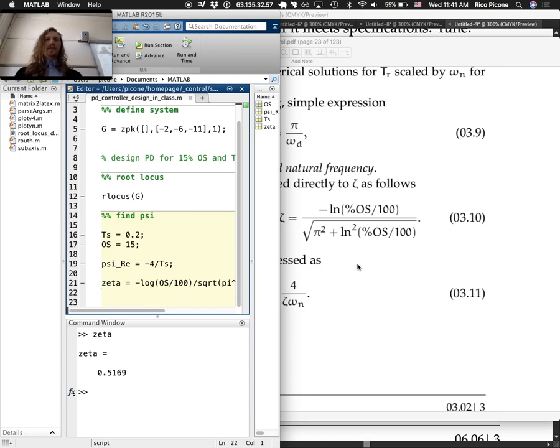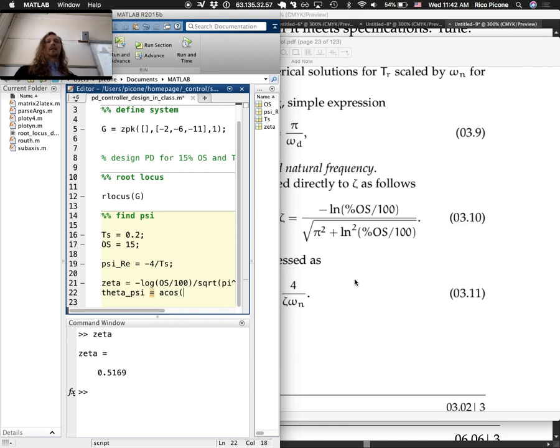So let's back out. We know that the angle, our theta psi, is equal to the arc cosine. Is it arc cosine? I think it's a cos.